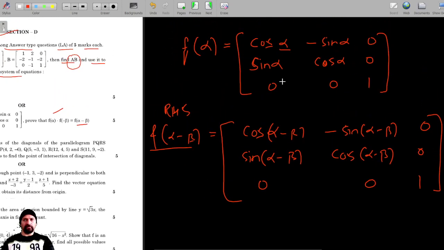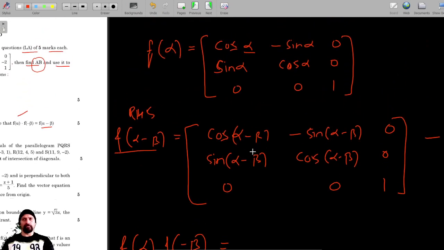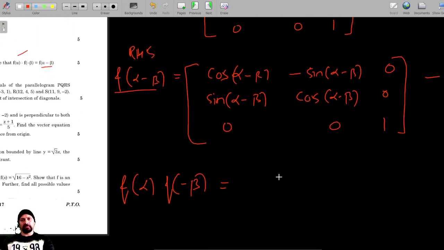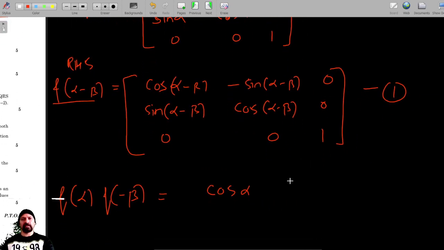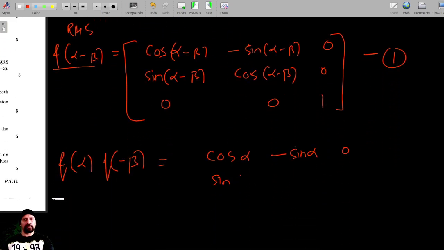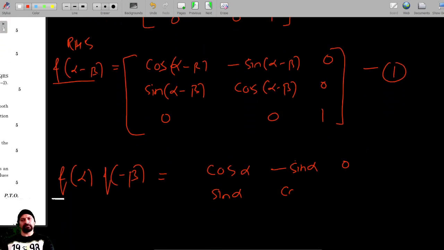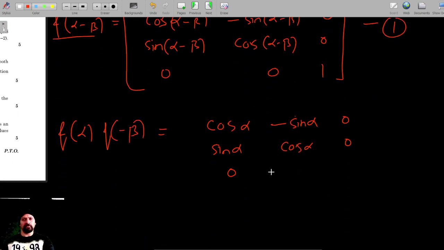So f(alpha) is given. f(alpha) into f(minus beta) is equal to f(alpha), which is cos alpha, minus sin alpha, 0, sin alpha, cos alpha, 0, and 0, 0, and 1.